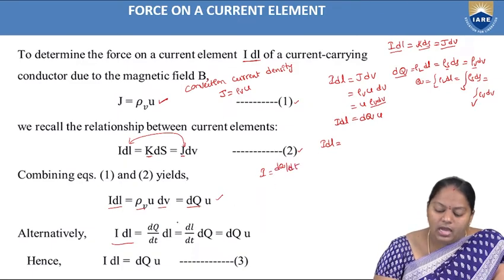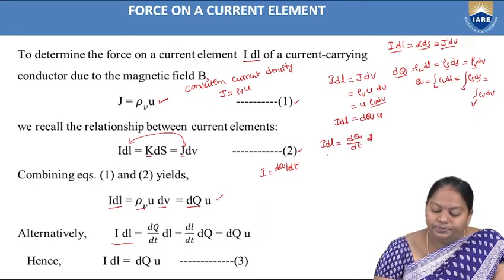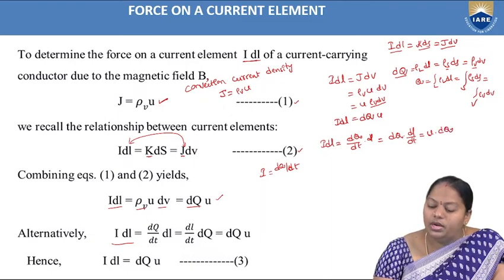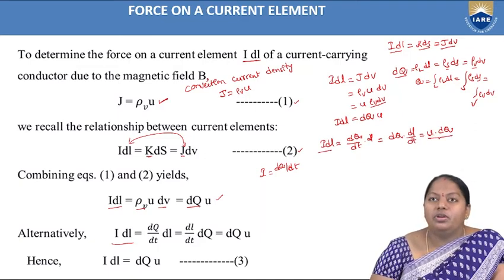So if we replace IDL by dq by dt into dl, which is nothing but dq into dl by dt. The change in displacement with respect to time is given by the velocity. Hence dl by dt is u, giving u into dq.